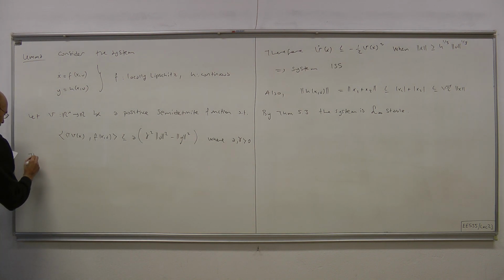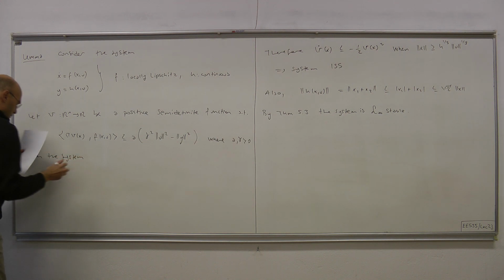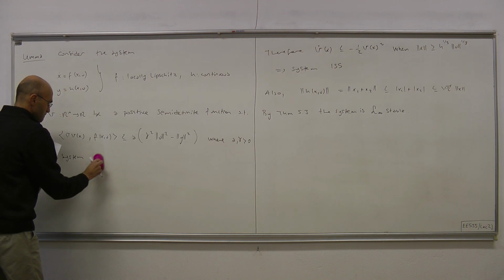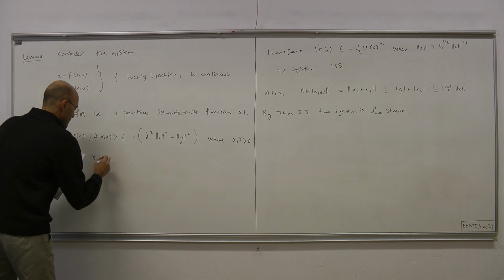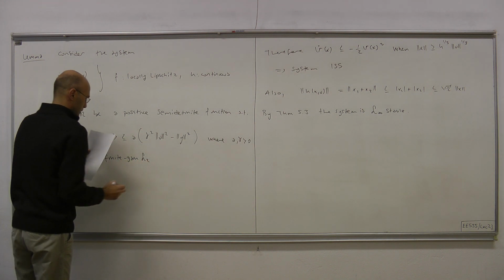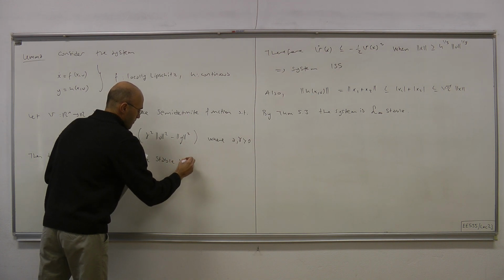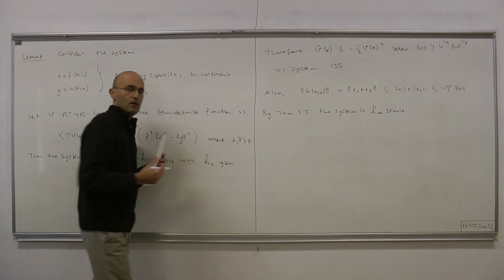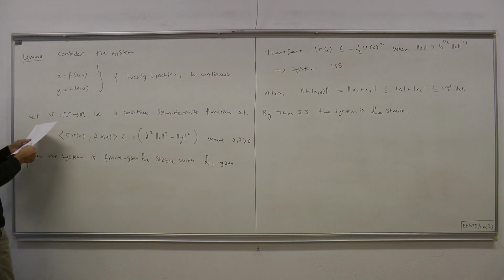Then the system is finite gain L2 stable with L2 gain no larger than gamma, and gamma is what appears here.